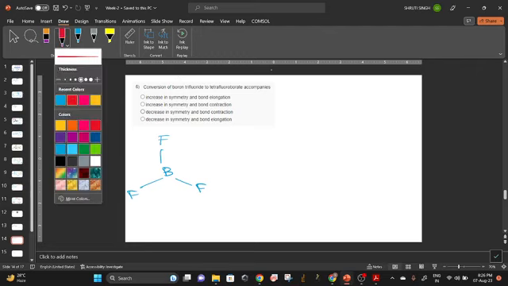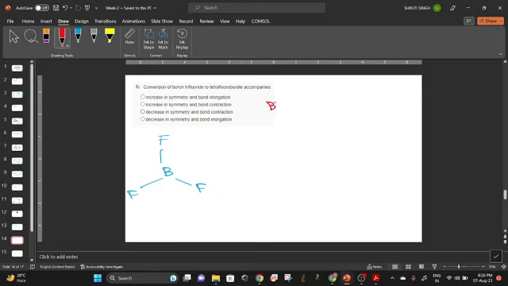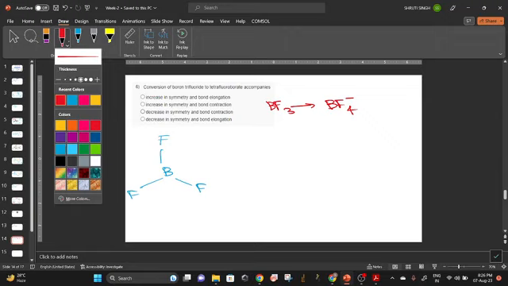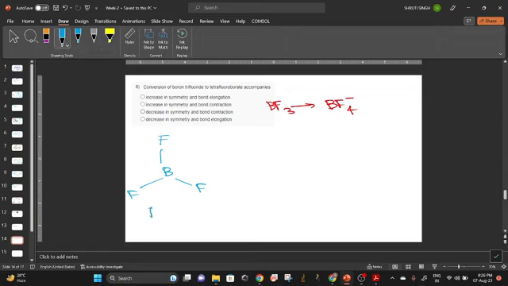D3h. Now we have to convert BF3 to tetrafluoroborate. Now we have to add an ion, F minus. Then the shape will become, it will be a coordinate bond.